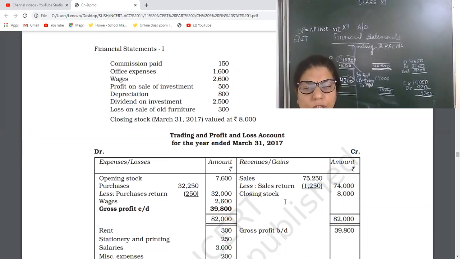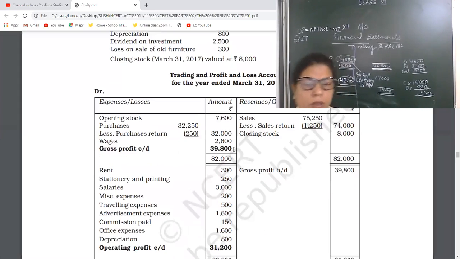This side is for revenue, gains, amount, or particulars, you can write, no problem. This is the fixed format. The balancing figure on this side will be termed as gross profit, and this gross profit is to be transferred to this side. If the balancing figure remains this side, that should be transferred to that side.